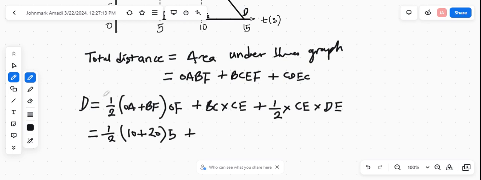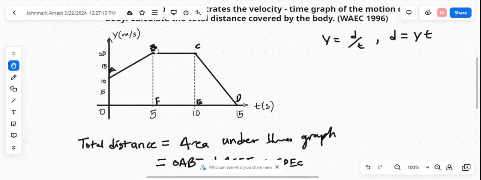Plus BC times CE. Let's extract that. BC, from here to here, between 5 and 10, so the distance is 10 minus 5, which is 5.